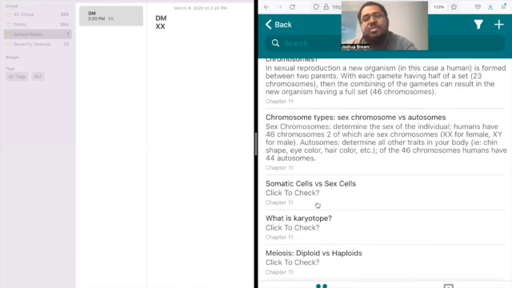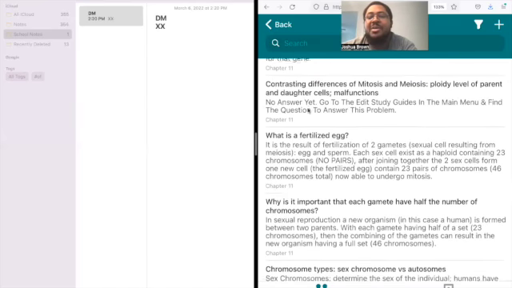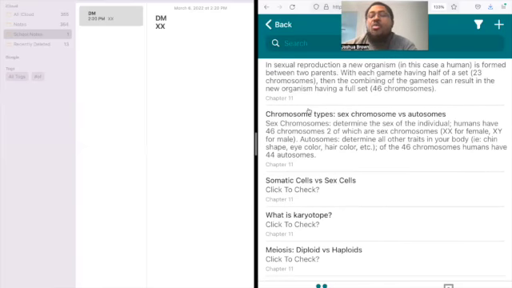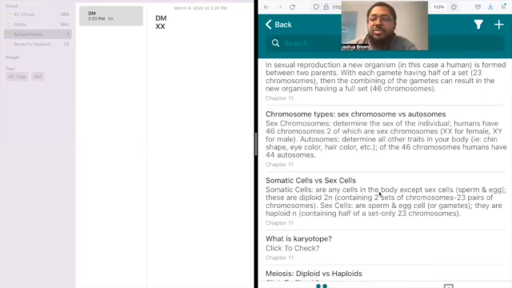Okay, somatic. That's what it was. I was talking earlier about sex cells and regular cells. All regular cells are called somatic cells, and the sex cells are the sperm and egg. So everything in the body except sex cells is somatic, and the sex cells are going to be those haploids, consisting of only 23 chromosomes in humans.